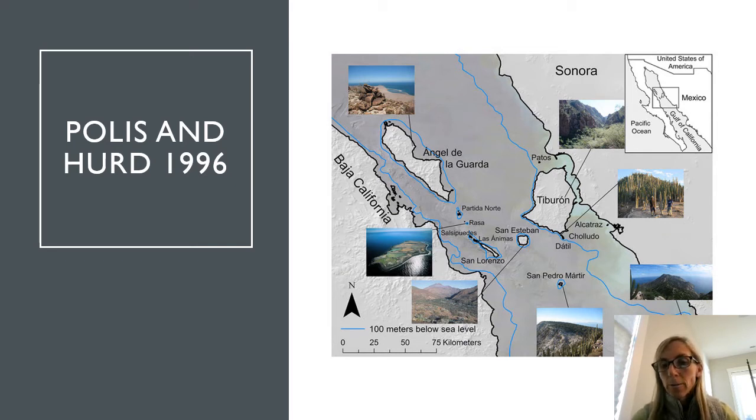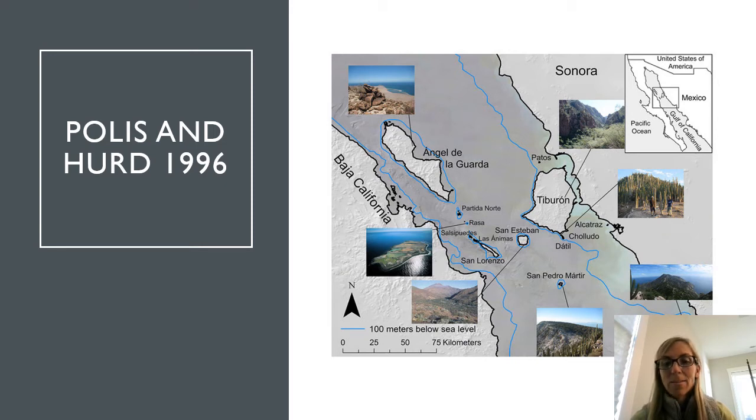What we refer to as organic wrack washes ashore from the marine environment onto these islands, and it's been found to be a really important source of nutrients for what would otherwise be desolate islands. So in this case, the marine inputs are subsidizing the terrestrial environment.